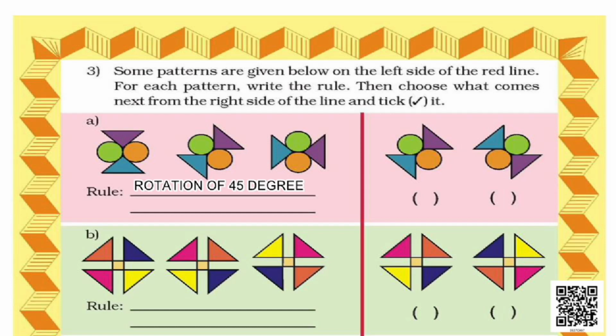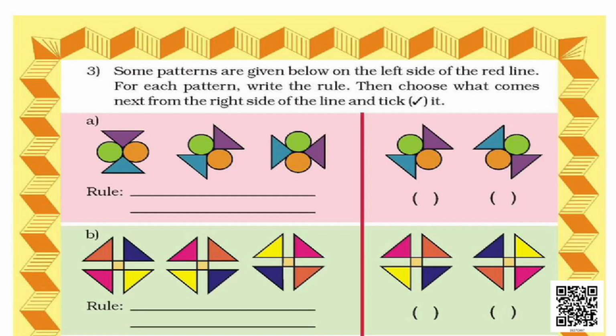After a 45 degree turn, where should the purple colored triangle be? Exactly, it should be the second option from the right. When the picture turns 45 degree, the purple colored triangle should be in the direction of south east, isn't it? So, the right option is option 2.